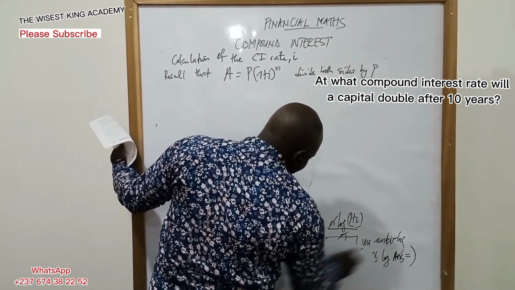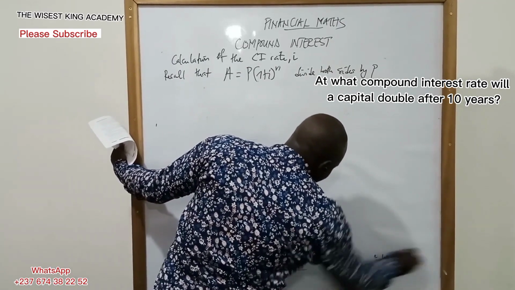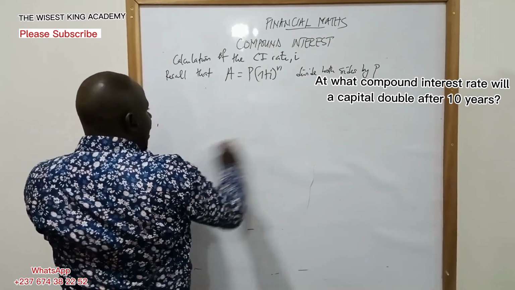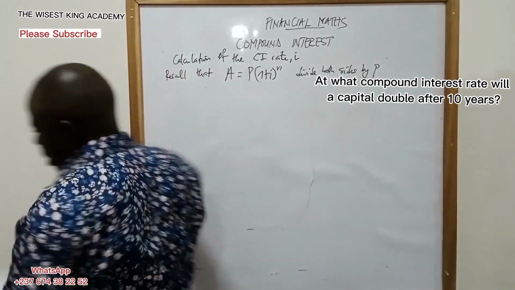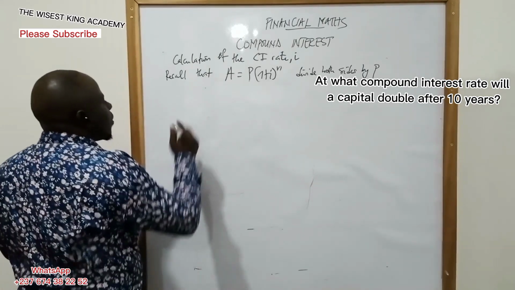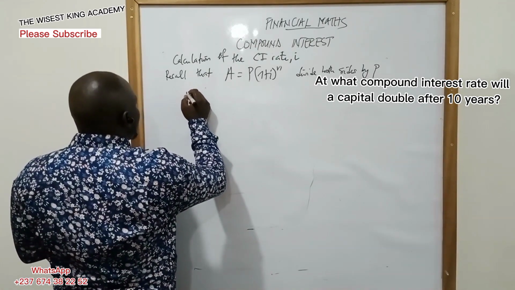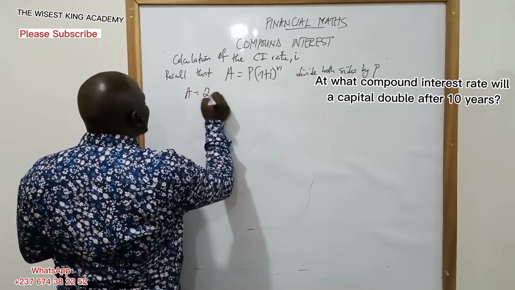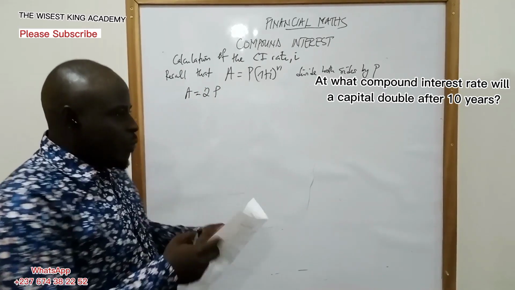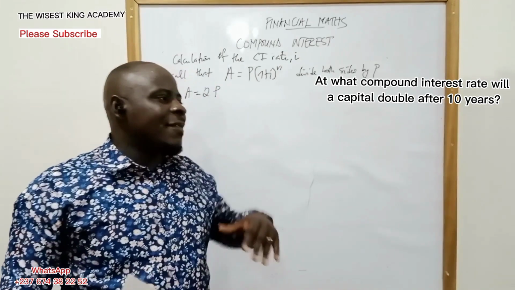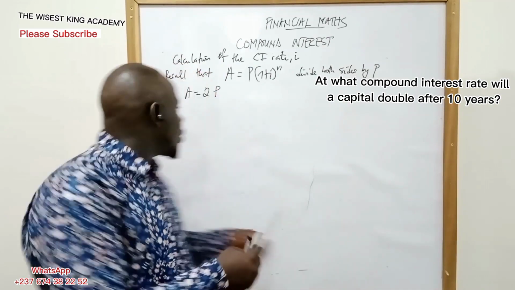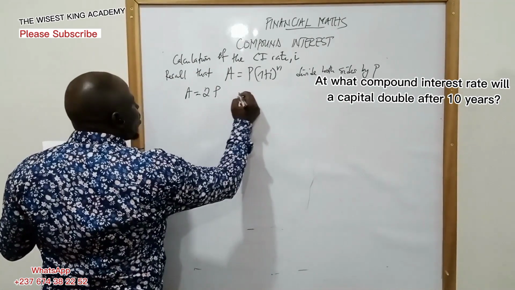At what compound interest rate will a capital double after 10 years? So the acquired value here will be 2P because the capital has to double. Meaning, if we invested 10,000, after 10 years, what we should have in our account is 20,000. So it doubles.